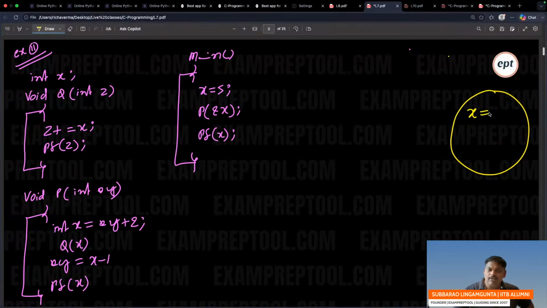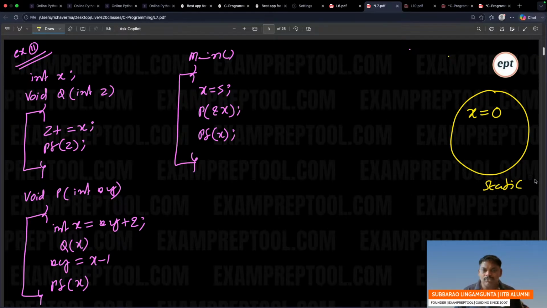A global variable will be stored in the static area, by default 0. I hope everyone will agree. Right? By default 0. That is also okay. Till now, I think no one has any objection.